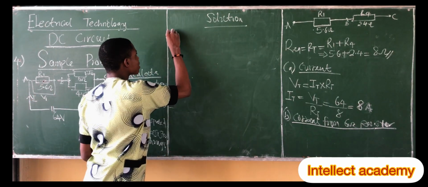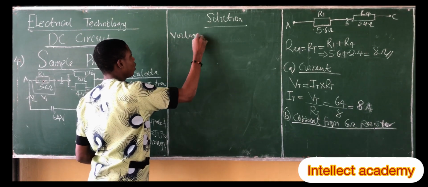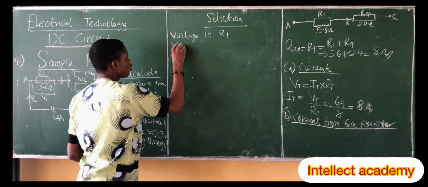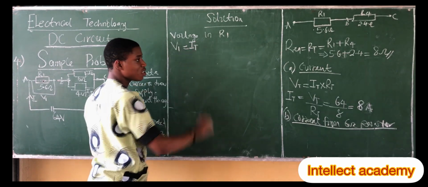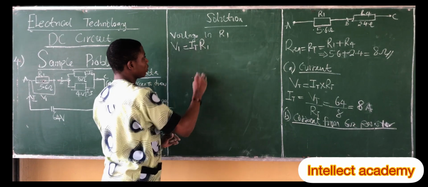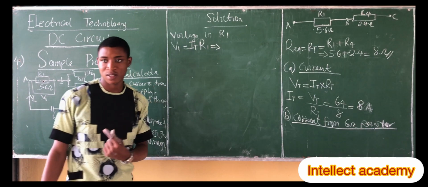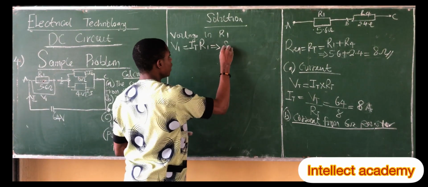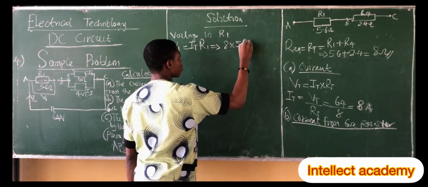The voltage in resistance 1, which is V1, is equal to I total, since we say that the current is the same in series, multiplied by R1. So when we do that, what do we get as the value of the current? 8 amperes, right? So we have 8 multiplied by 5.6. So please point out, what do we have?